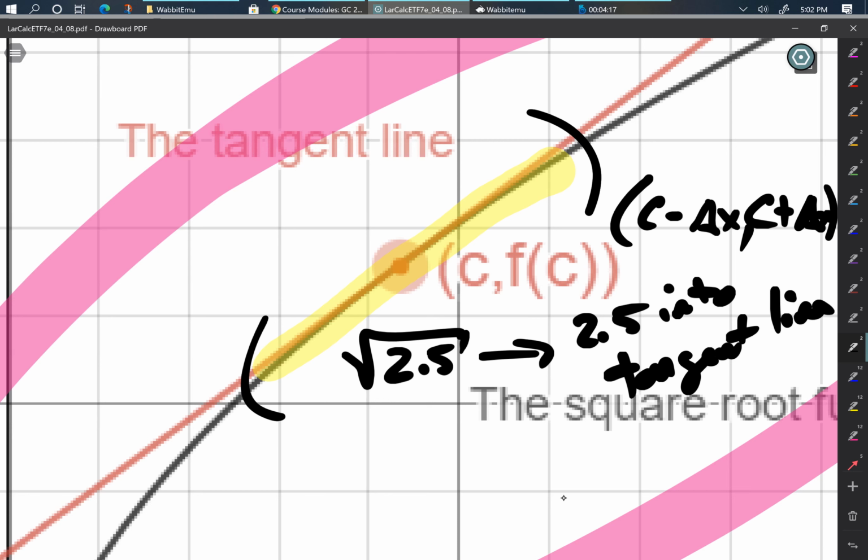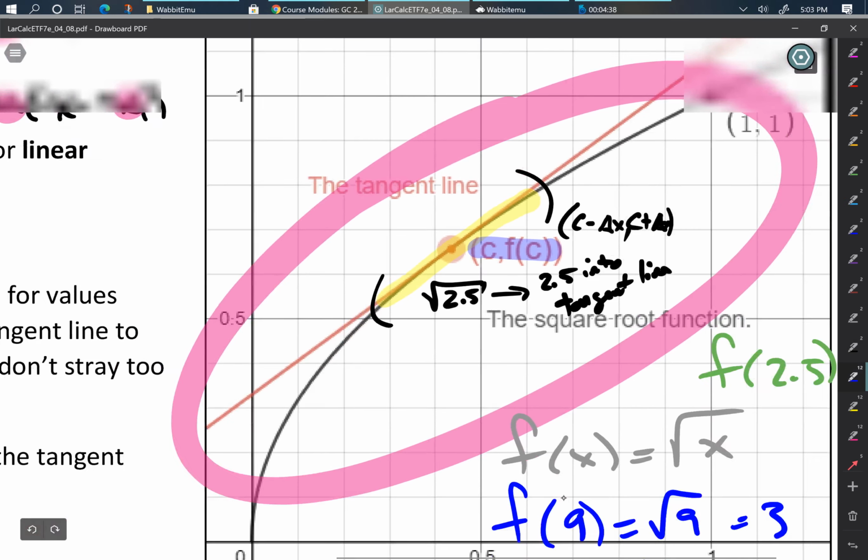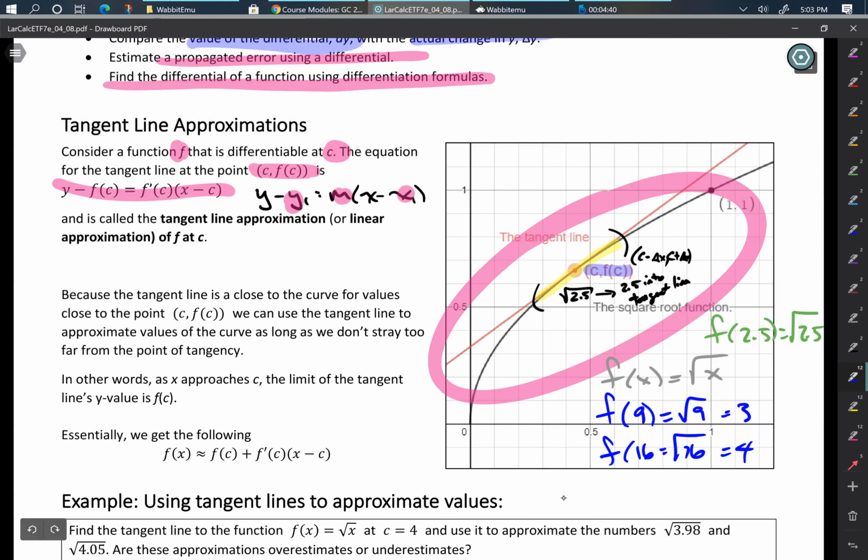Now, the key here, the important thing that we need to be able to do, is find this point, the point c comma f of c, the point where the function plays well with a number. So we need to find a c that works with the function, and then we can draw the tangent line there.